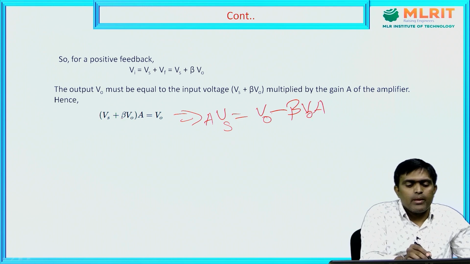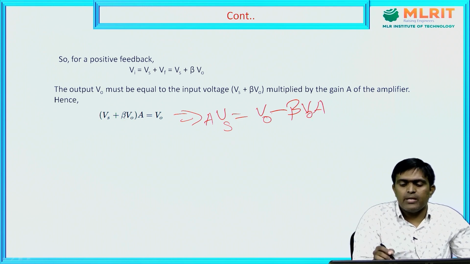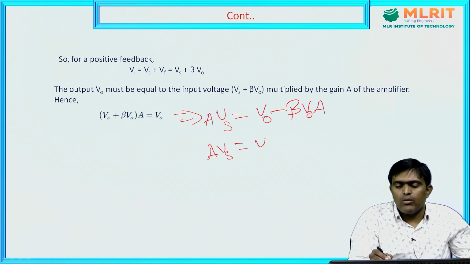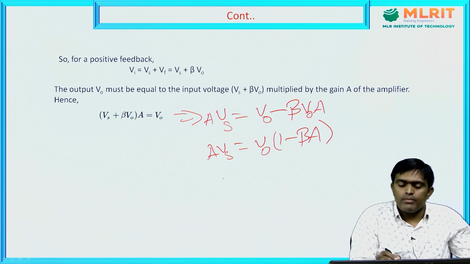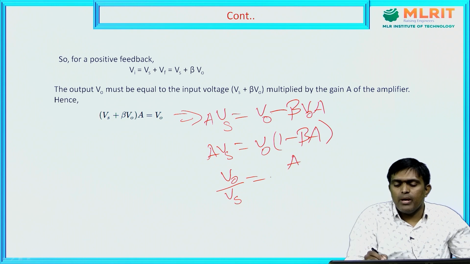Just move this term to the right hand side. So AVs equals, taking V0 as common, V0 times (1 minus A beta). From this, V0 by Vs equals A by 1 minus A beta.